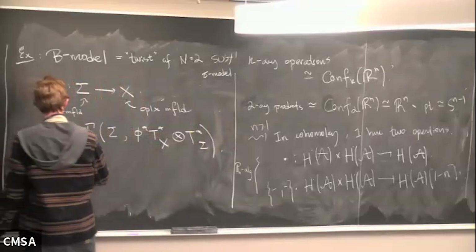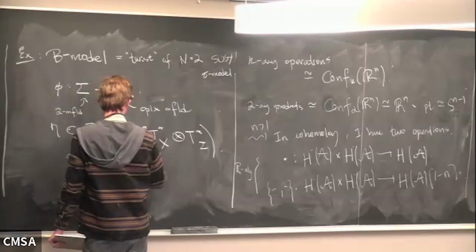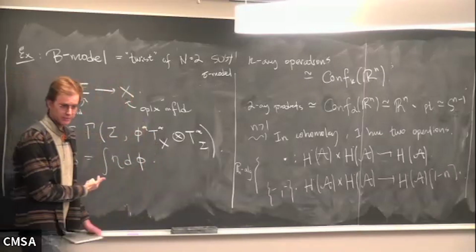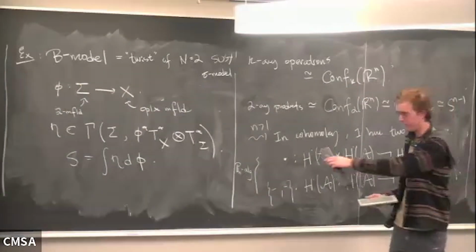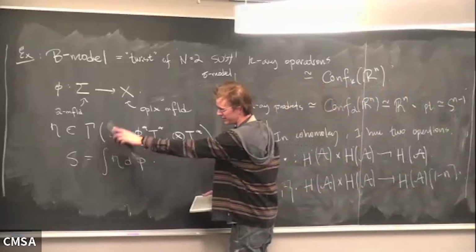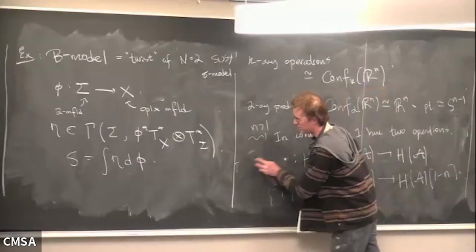And the action is very simple. It's just eta d phi. So it's very closely related to a BF type theory. Or if you like, it looks almost identical to the topological quantum mechanics action, if we choose a polarization, except the fields have some more interesting structure, of course.